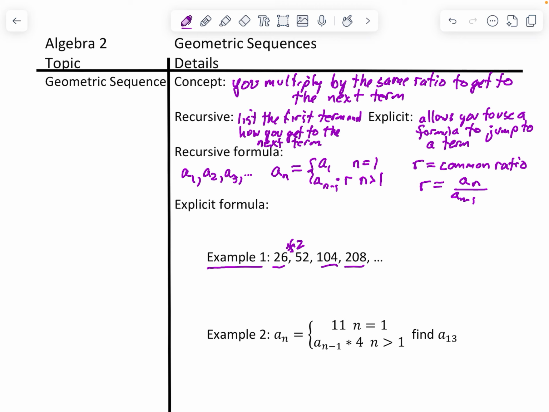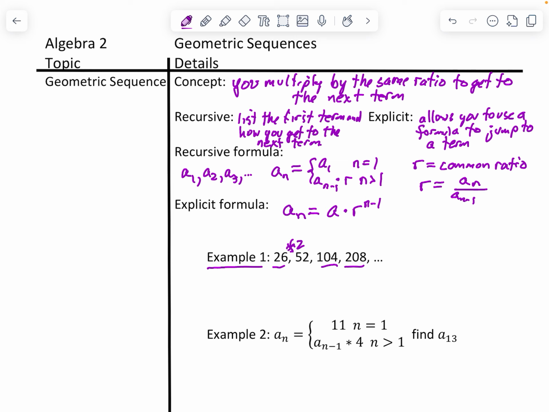Now, the explicit formula is a formula that you can just jump with. So we say a sub n equals, and you have to tell us what the first term is, a, and then multiply it by that common ratio to the n minus 1 exponent. Now notice that this is an exponential formula. So that's why this is in this topic: geometric sequences are a form of exponential formulas.